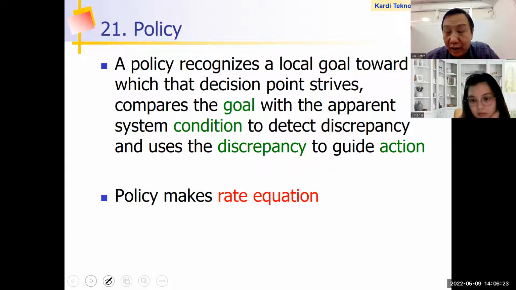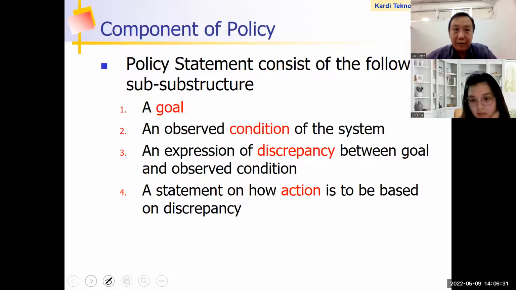How do you make a rate equation? For practice, you need to do what is called policies. What is policy? A policy statement consists of four things. Number one, you're supposed to have a goal. Number two, you're supposed to have an observed condition of the system.